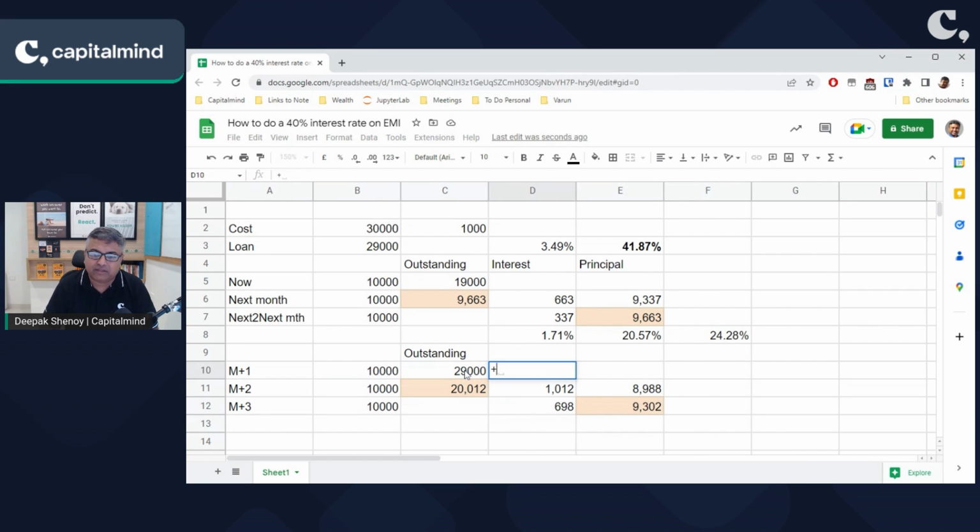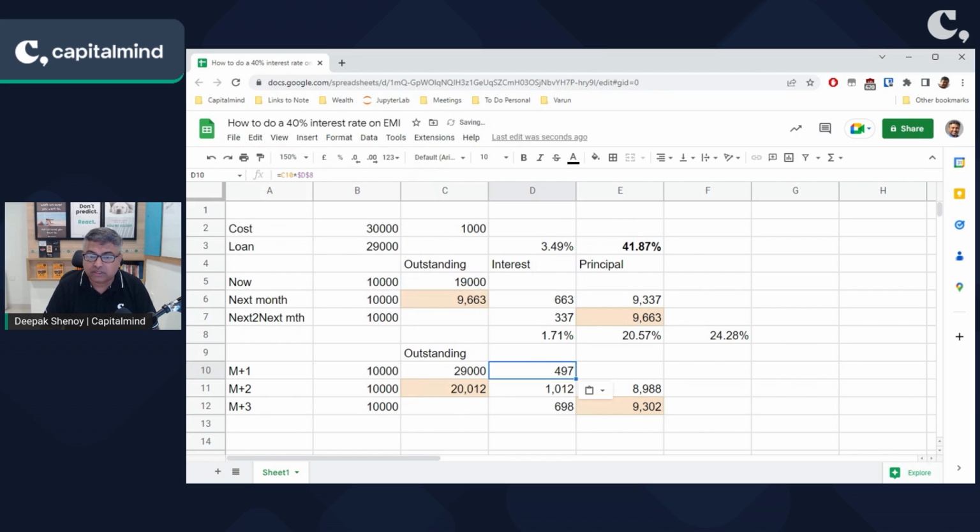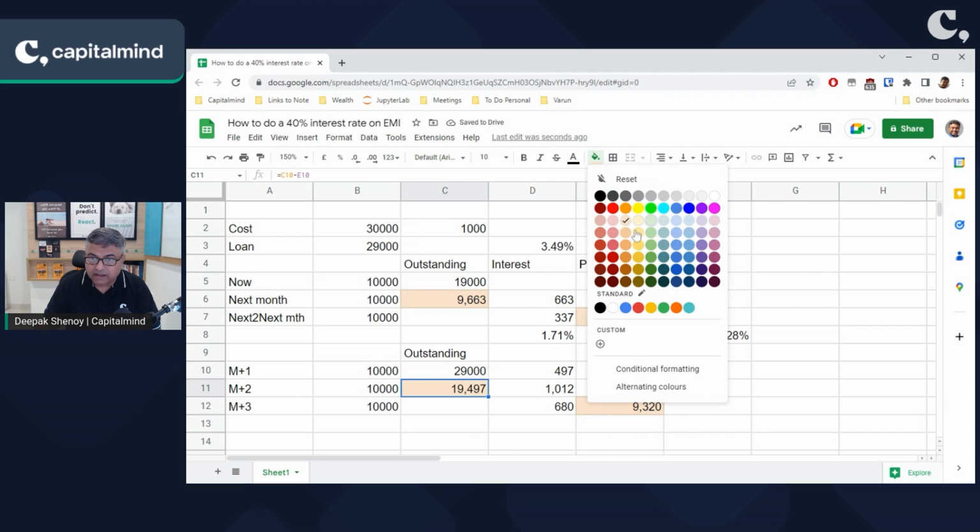29,000 is outstanding, so how much interest will come in this month? It is equal to 29,000 into 1.71%. That is this much, and then we'll just format it so that it's easy. And then you'll say this is equal to this minus this. So this is the amount of principal I have paid. So I subtract this in the second month. I'll just remove the symbol here.